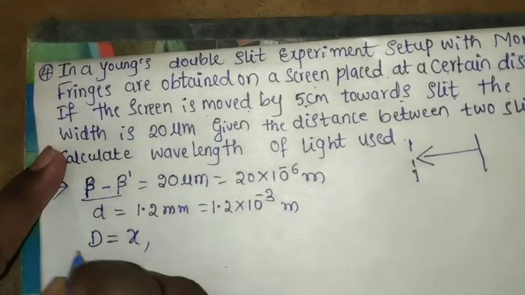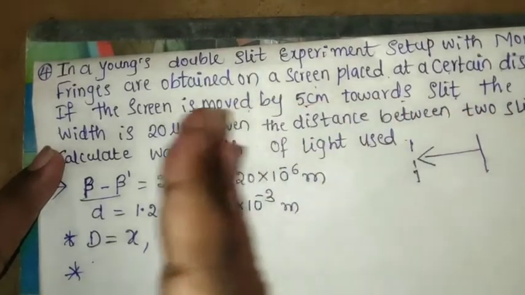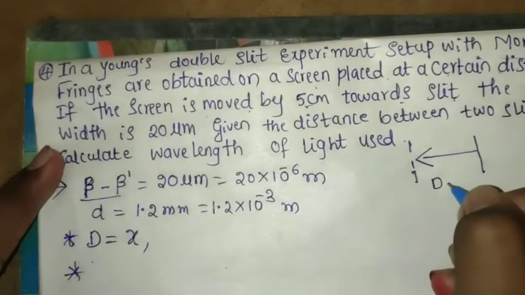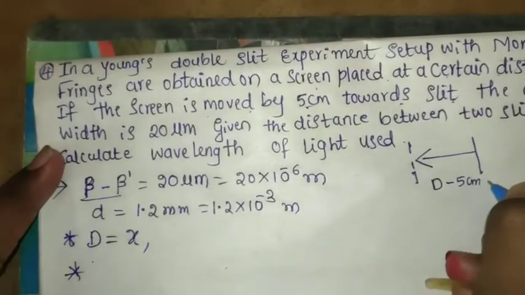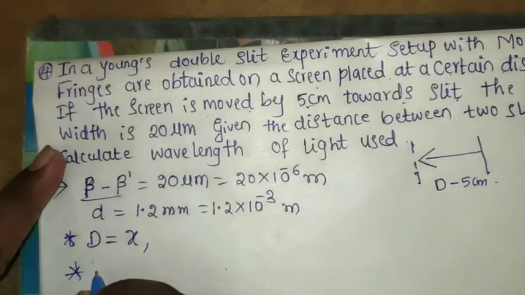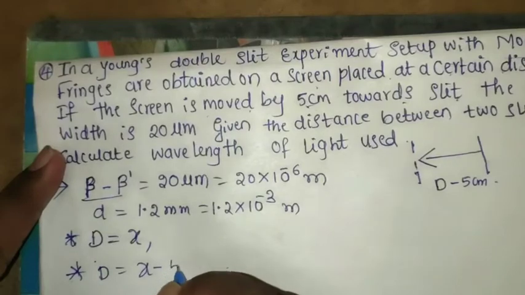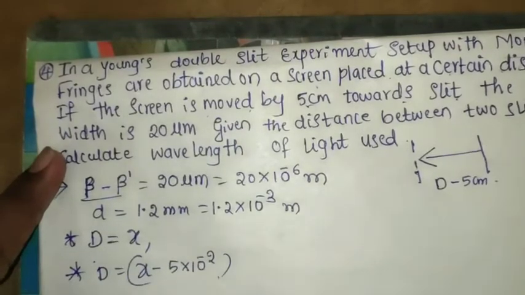When the screen is moved towards the slits, the distance decreases by 5 centimeter. Here D equals x minus 5 centimeter, that is 5 into 10 to the power minus 2 meter.